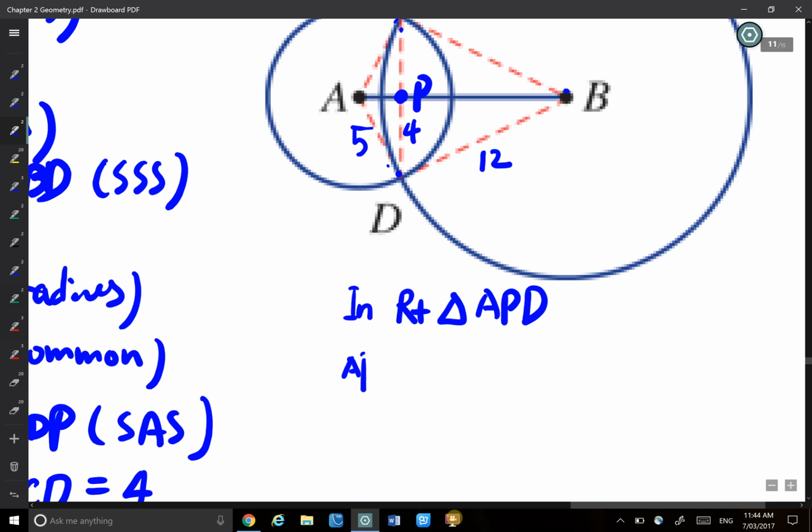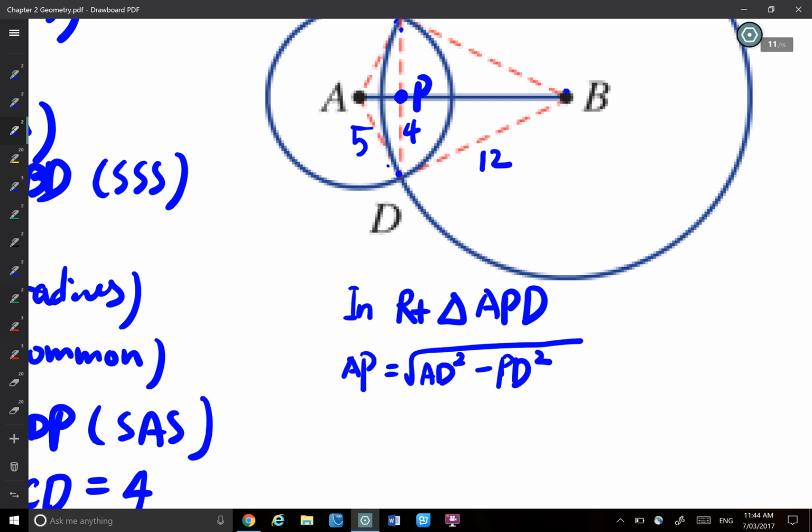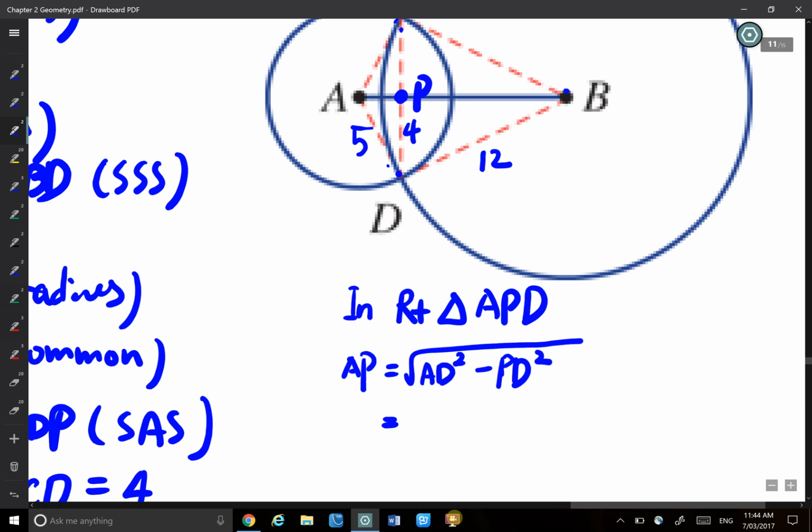So AP equals the square root of AD squared minus PD squared. The hypotenuse squared, subtract the side squared, and square root everything. That will give you AP. So 5 squared minus 4 squared equals 3. A 3, 4, 5 triangle. So AP equals 3.